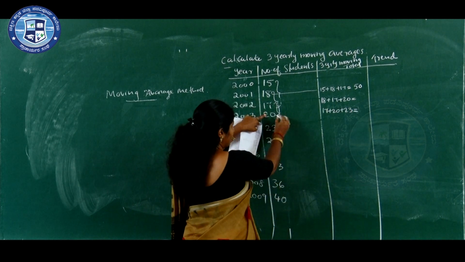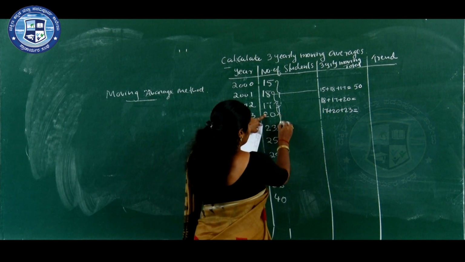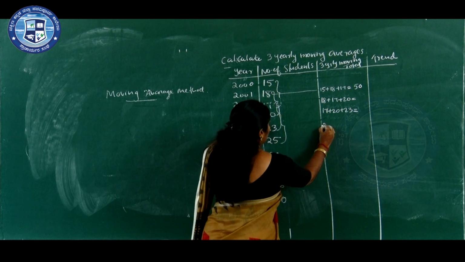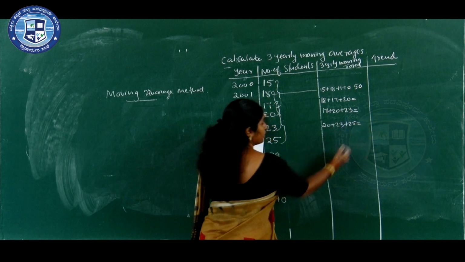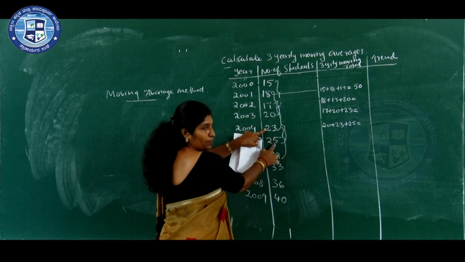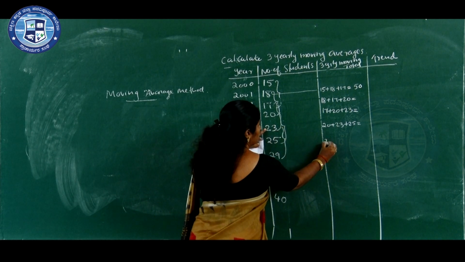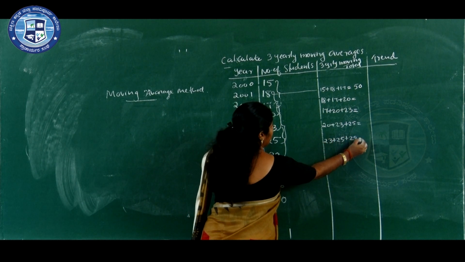Next consider the next 3 values, 20 plus 23 plus 25. Next 3 values, 23 plus 25 plus 29.